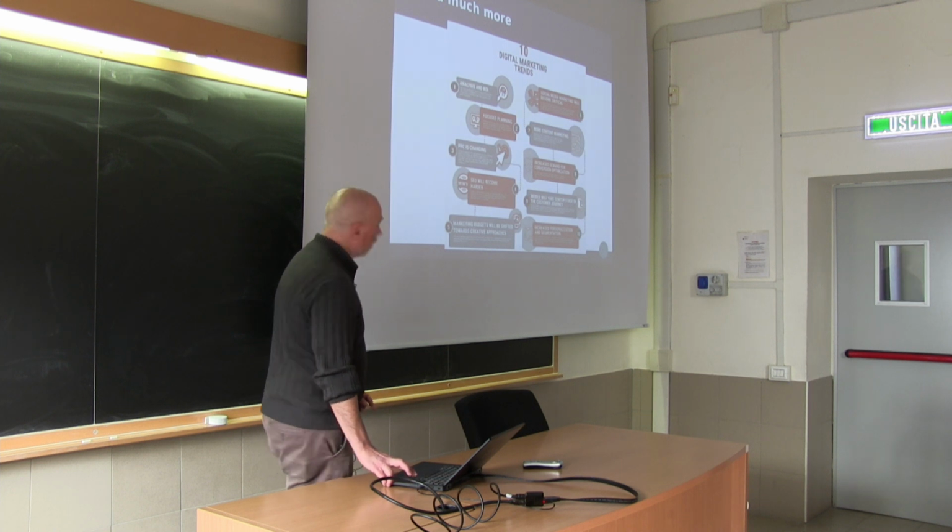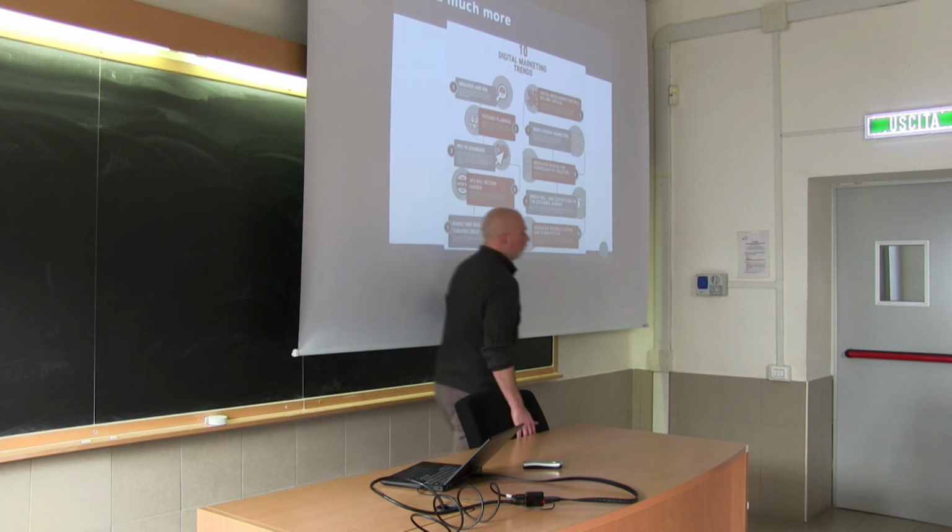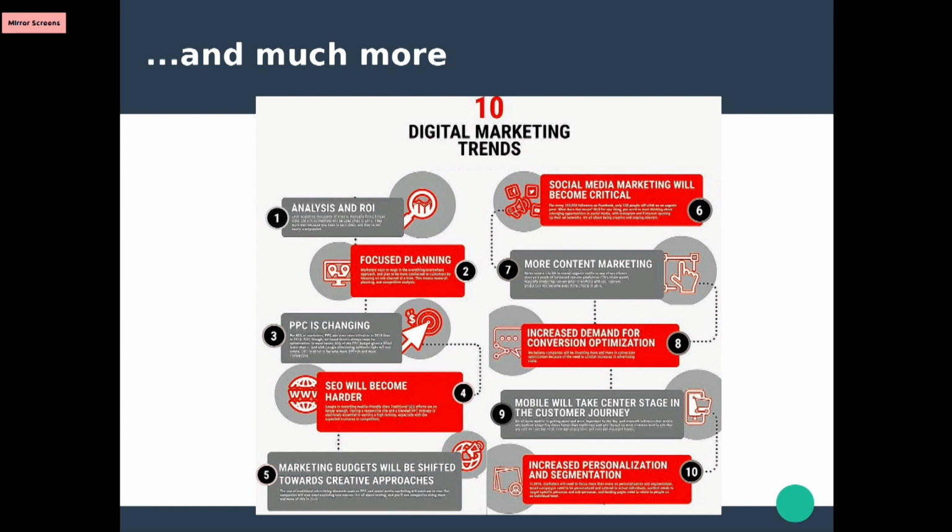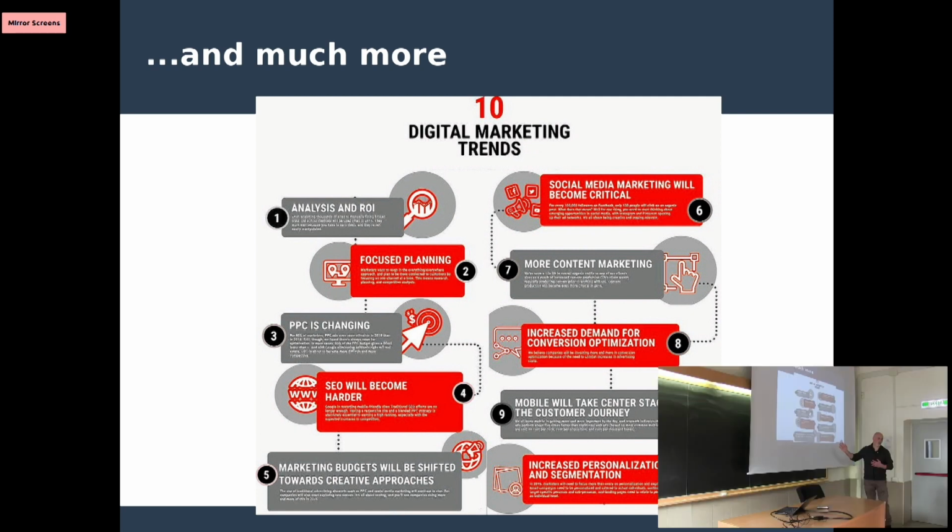And this is one of those pictures that people in business like a lot. What is going to happen in the next 5 years? This is what they were thinking, I think, a couple of years ago. This thing is going to change in the next 2 years. So don't take them too seriously.